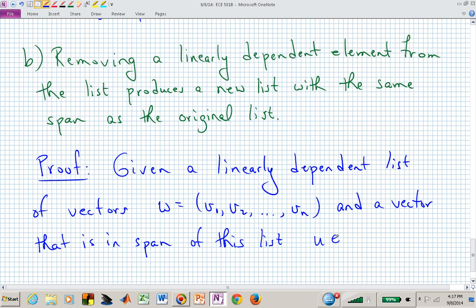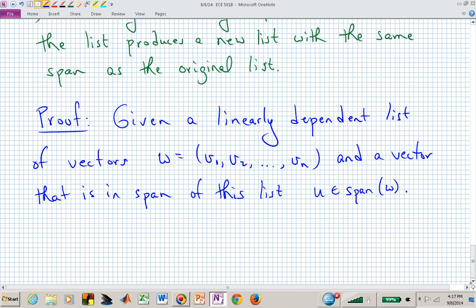So we're saying u is in the span of W. That's a given. So now we're assuming we have a linearly dependent list, W, and now we find a vector u, some generic vector u that's in that span of W.